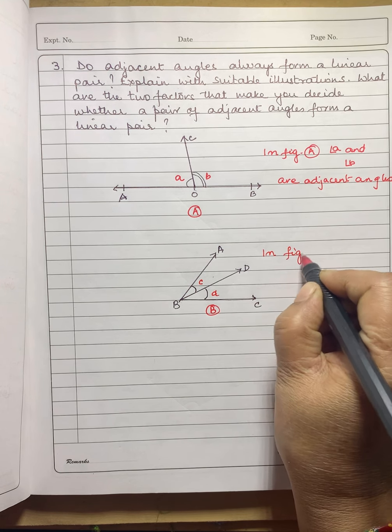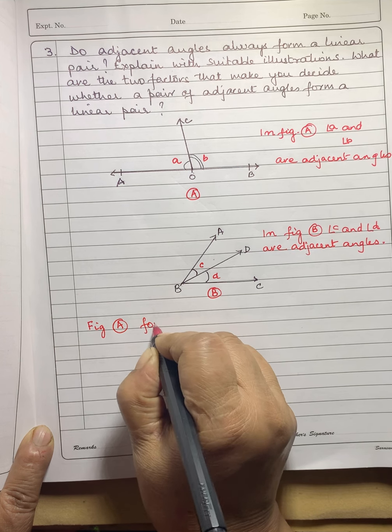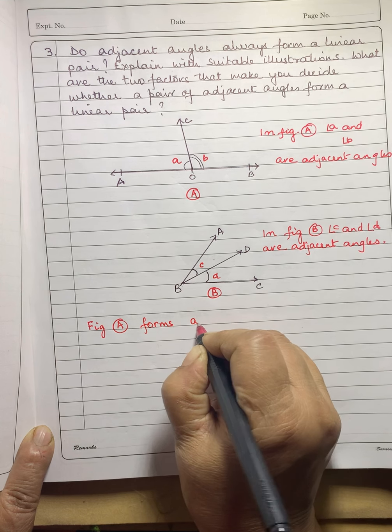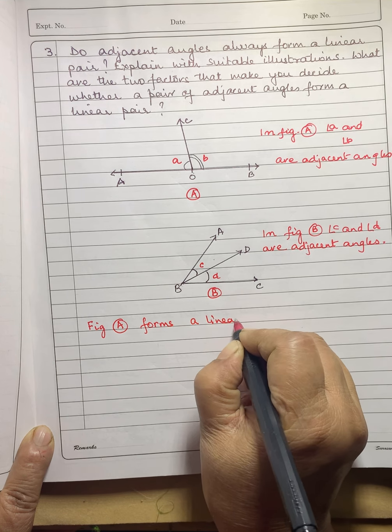Right? Now, if you look at figure A and figure B, which figure will be a linear pair? In this, we say that figure A forms a linear pair.